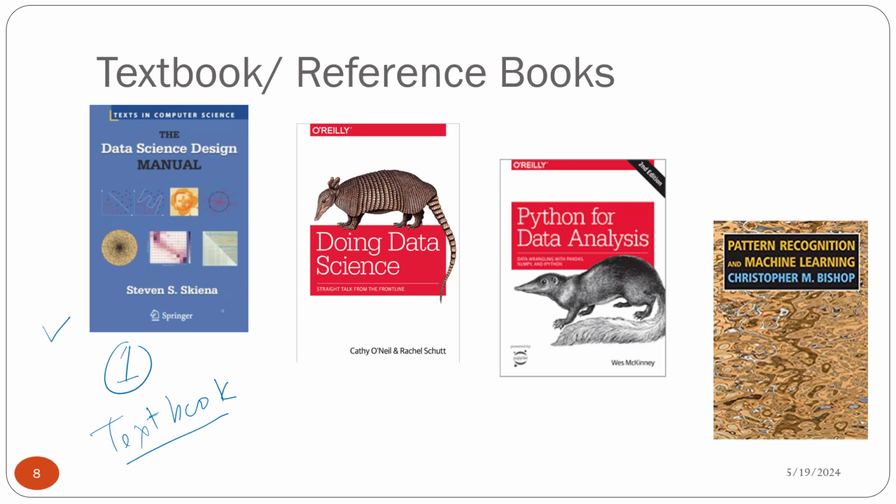There's something very interesting about this textbook. First of all, it's very nicely written, and it is written by our own professor. Professor Steve Skiena is a professor in our computer science department at Stony Brook, and he's a big giant in data science. So yes, a very nicely written book. That will be our textbook.